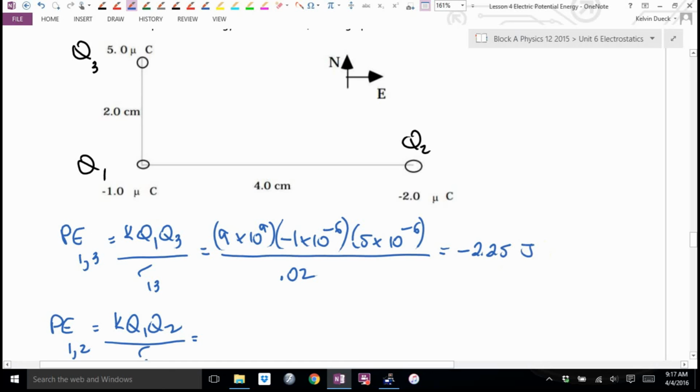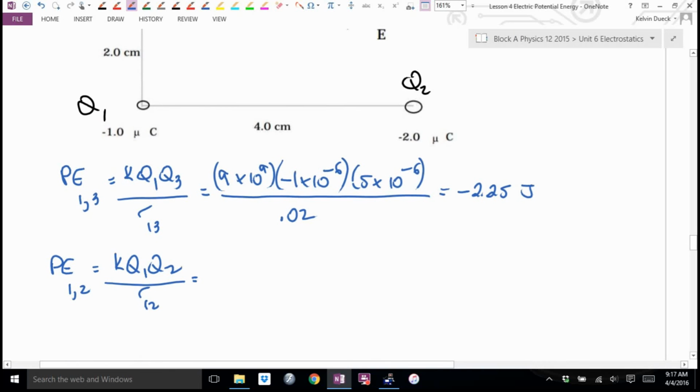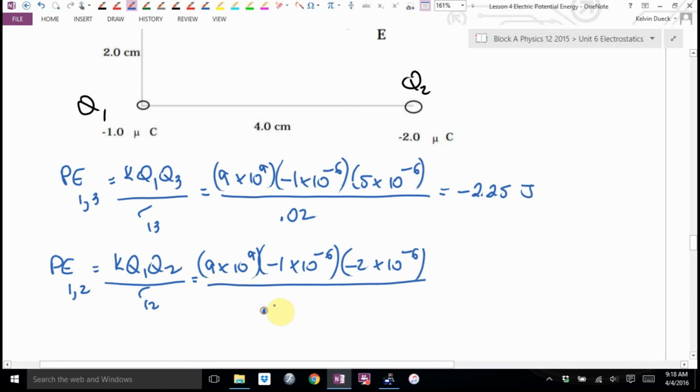Joules? I mean, it's a nice answer. Potential energy between charge 1 and 2, it's going to be 9 times 10 to the 9th, negative 1 times 10 to the negative 6, negative 2 times 10 to the negative 6, all divided by, Colin wants me to write 0.04.